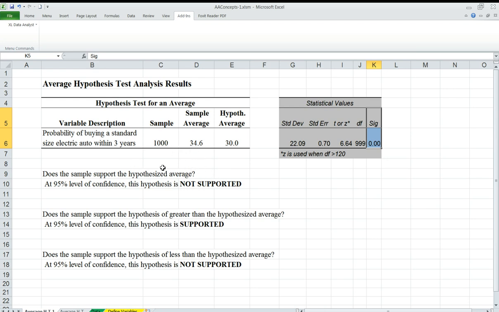Well, if it is different from 30, is it greater than or less than? We see that the sample average actually is greater than 30, and we see that the hypothesis for being greater than 30, which is the hypothesized average, is supported. So I would say that the second and the third hypothesis may be skipped.